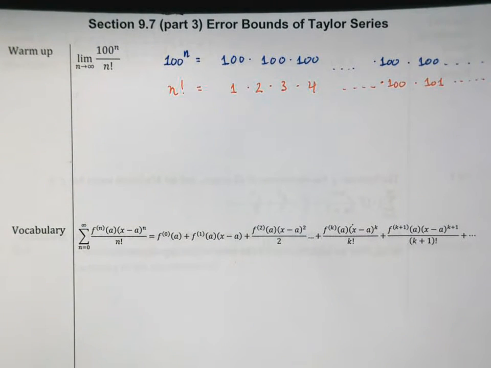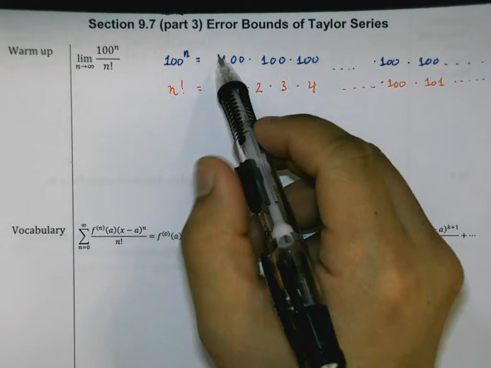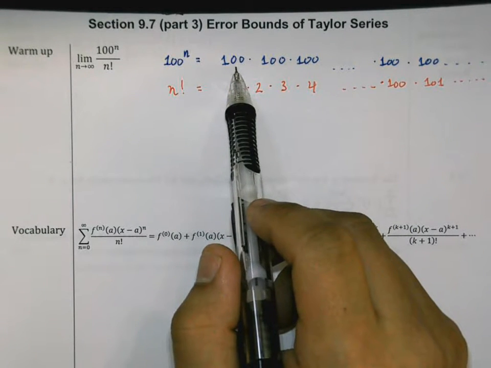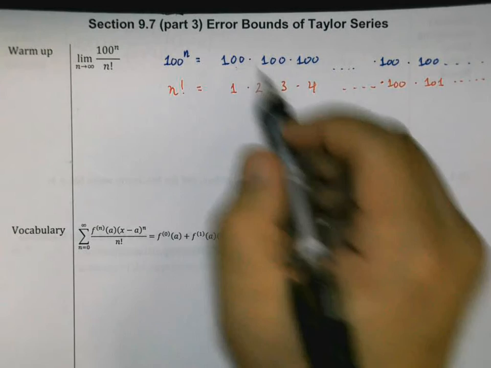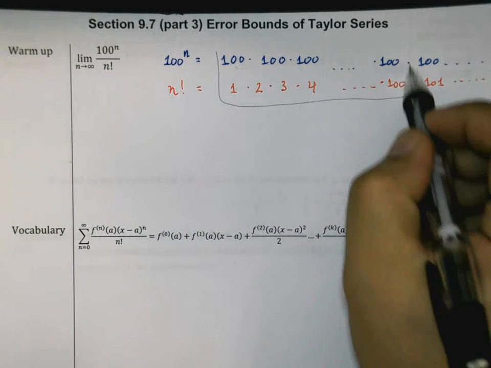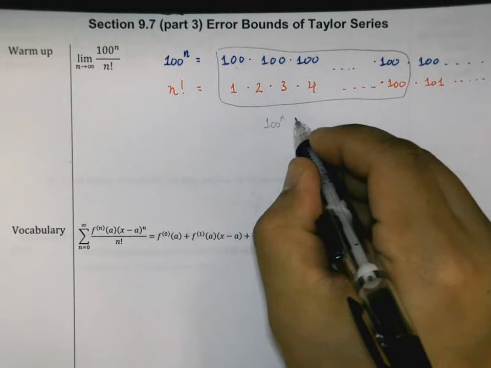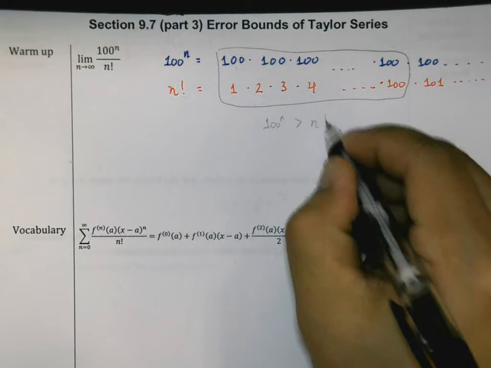So let's think about which function is larger. From the first term all the way to the 100th term, in this block right here, 100 to the nth is larger than n factorial.